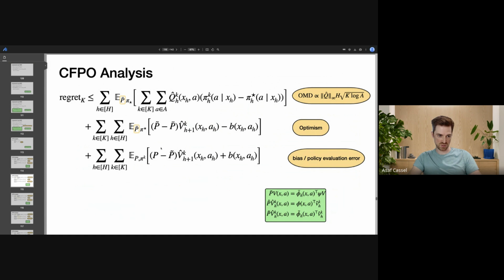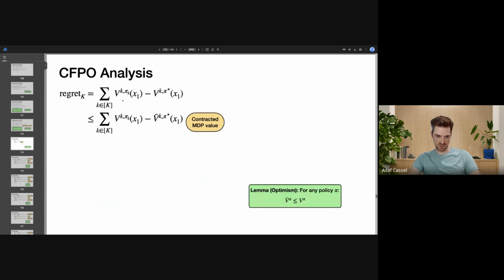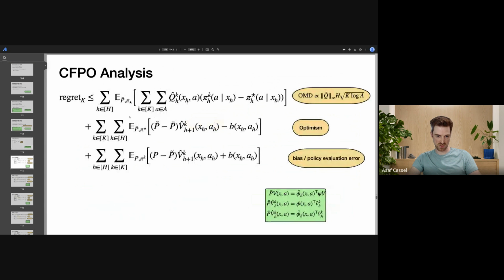After first moving to the contracted MDP with respect to pi star, this decomposition changes as follows. These expectations, which before were with respect to the true MDP, are now with respect to the contracted MDP. This is not good, but it's not very bad, so we can manage this.